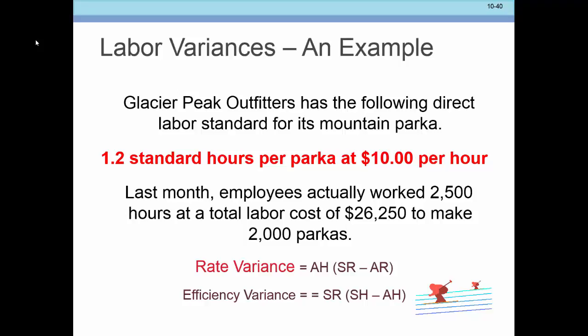And if I want my, we don't say quantity of labor, we say usage. But it's the same principle as the quantity variance that we use for our usage variance. And that's going to be the standard rate, and we're going to multiply that times the difference between the standard hours, which is like our quantity, but we call it hours, minus the actual hours, right?